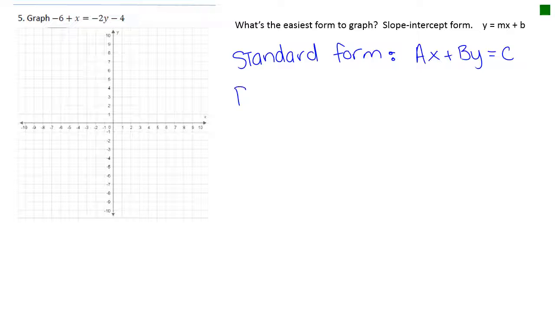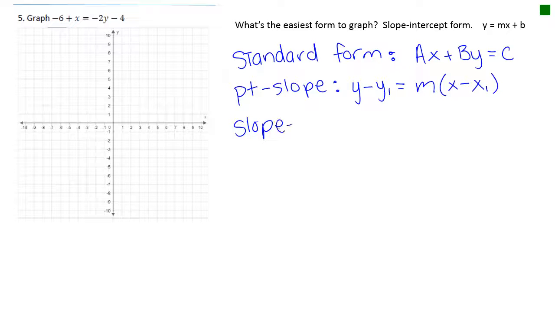We have our point slope form, which is what we had to do for number 3, which is y minus y sub 1 equals m times x minus x sub 1. And then we had slope-intercept form, which is what we did for number 4, y equals mx plus b.